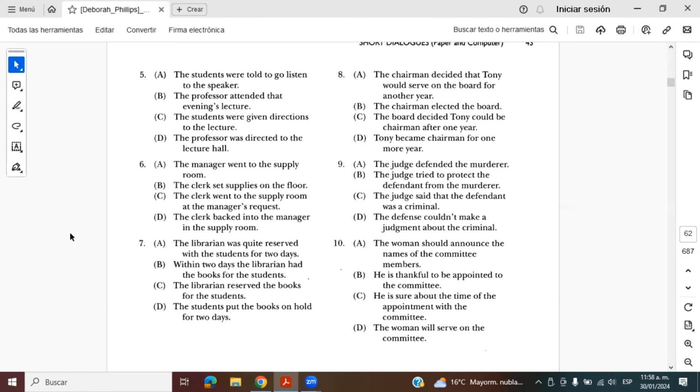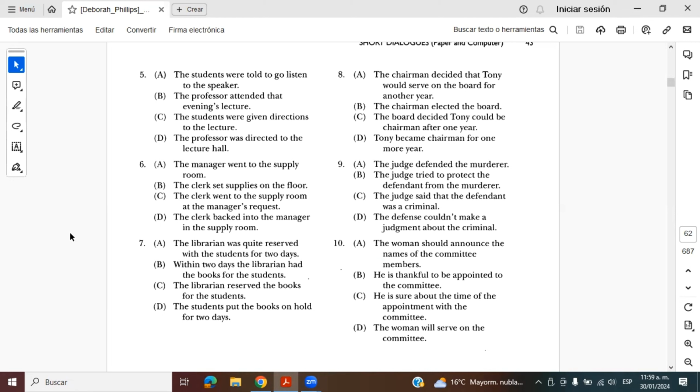Number 8. Were elections held last night as scheduled? Yes, and the board elected Tony chairman for another year. What does the woman mean? Number 9. At the trial, the defendant was found guilty.